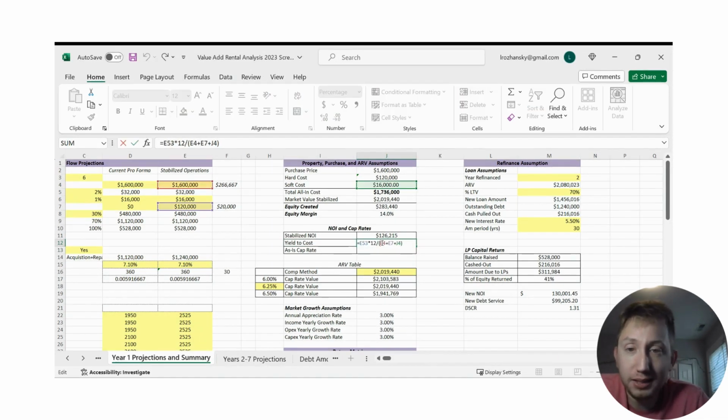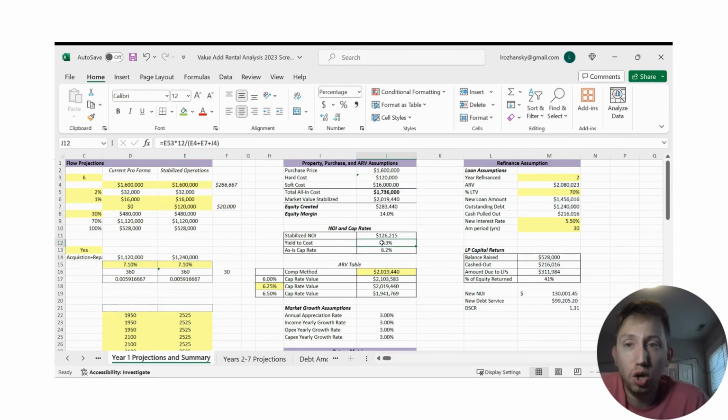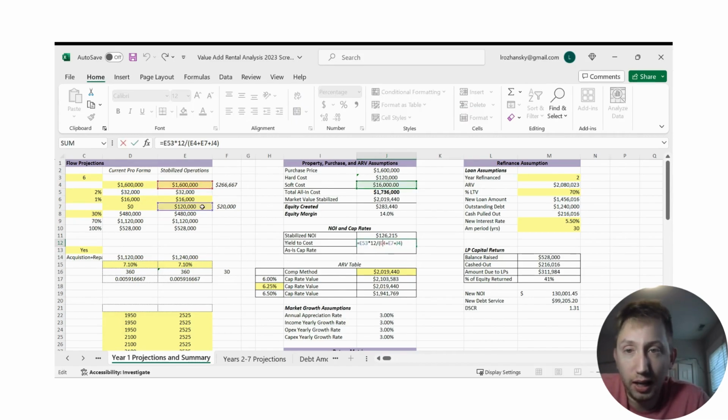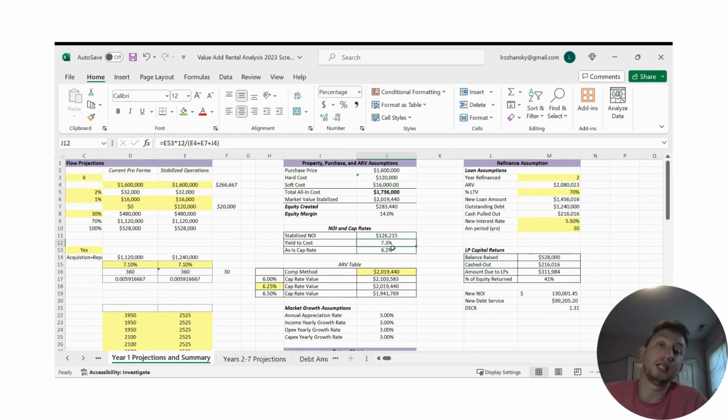If you look at the formula, basically what it's doing is saying, what is the stabilized NOI compared to our all-in costs, so our construction, soft costs and hard costs. So it's showing us how much yield we're creating through our stabilized NOI by doing this whole project. In this case, you can see the yield to cost is significantly higher than the as-is cap rate. It's over 1% higher, which is pretty good for a value add deal. For new construction, we would want a higher spread, but on value add, that's pretty solid.